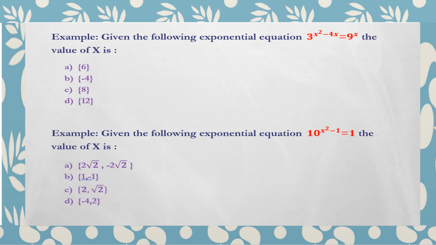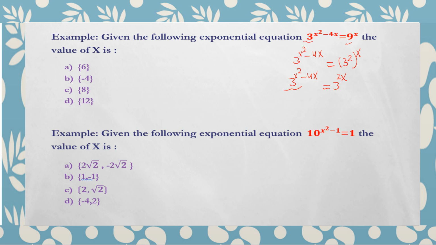Example, given the following exponential equation, 3 power x squared minus 4x equals 9 power x. Here the bases are not equal, so we should equate the bases first in order to equate the exponents. So 3 power x squared minus 4x equals, as 9 means 3 squared, (3^2)^x, so 3 power 2x.